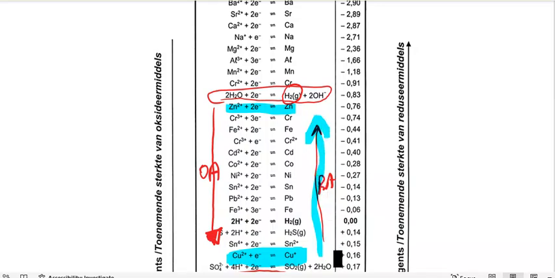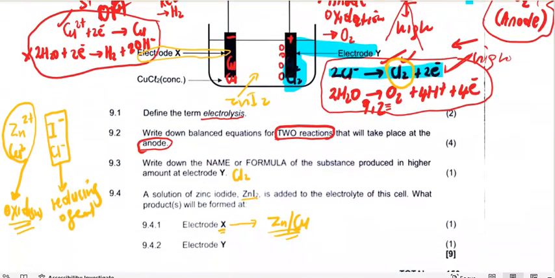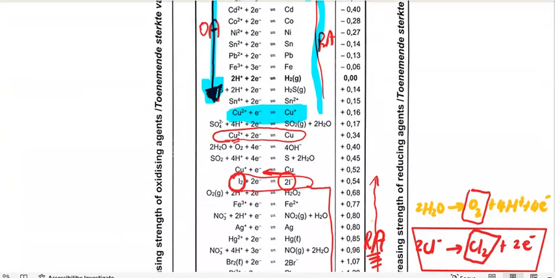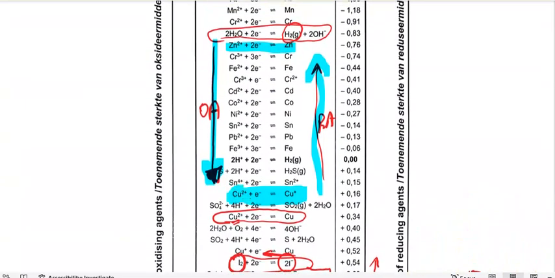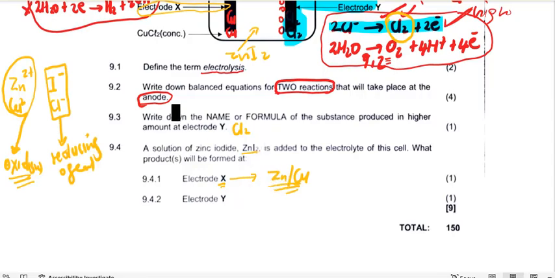Zn is a stronger reducing agent, but Zn2 plus is a weaker oxidizing agent. Let's go back to the question. We are looking for the oxidizing agent. Cu2 plus is a stronger oxidizing agent, which means the answer is that Cu will be formed there.